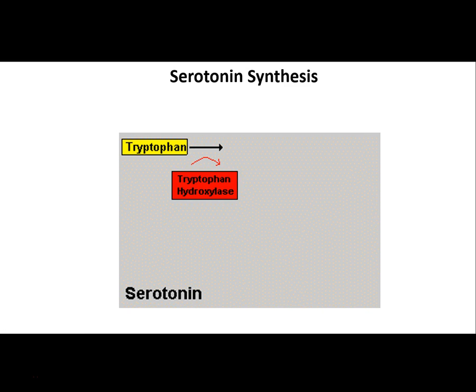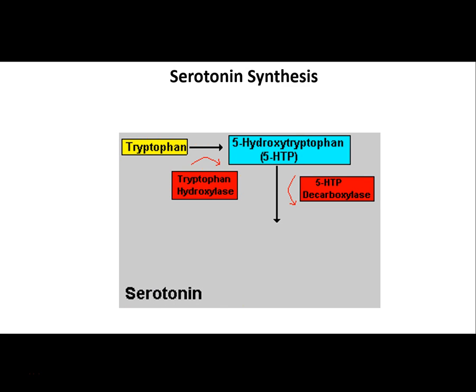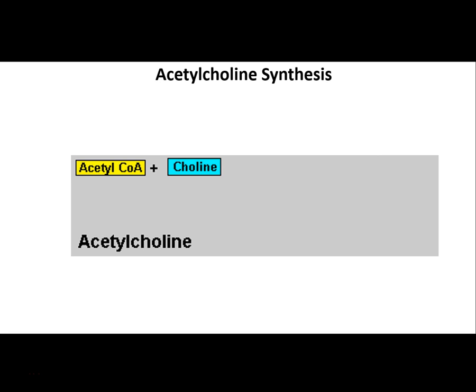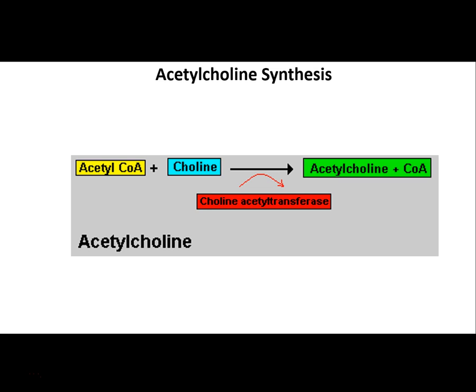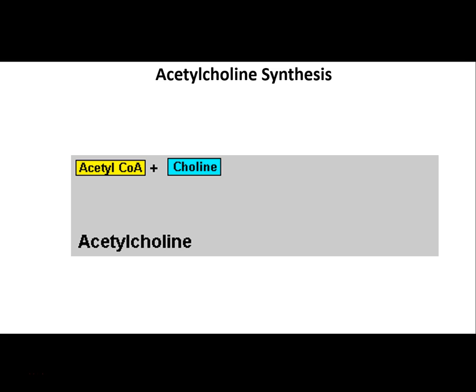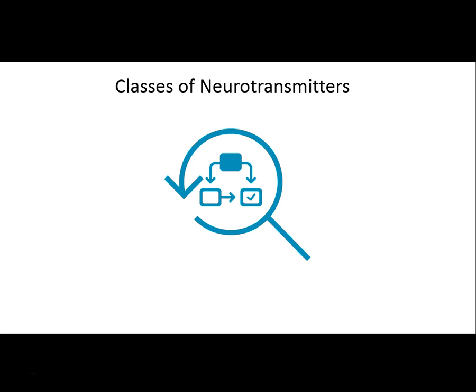This is how serotonin is synthesized as well, again through different enzymatic reactions, which means different reactions catalyzed by different enzymes. And acetylcholine is synthesized by a reaction between acetyl-CoA and choline, with choline acetyltransferase giving us acetylcholine at the end. So this is in brief how the synthesis happens.